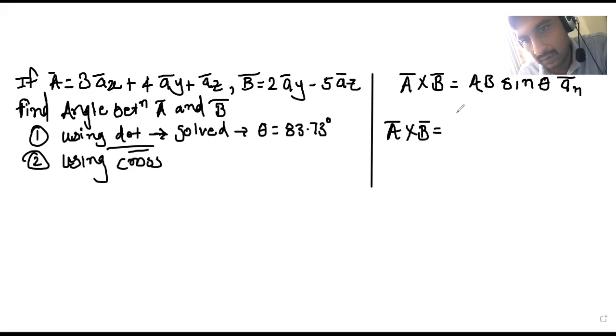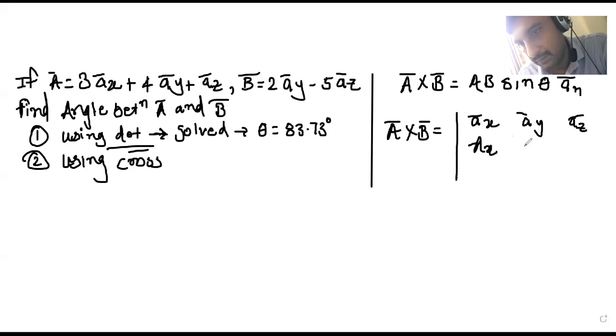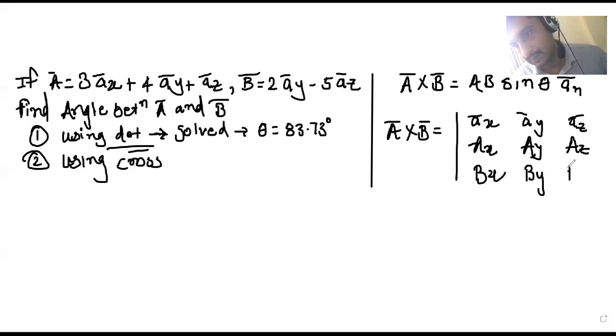is equal to the determinant with a bar x, a bar y, a bar z in the first row, ax, ay, az in the second row, and bx, by, bz in the third row, right?